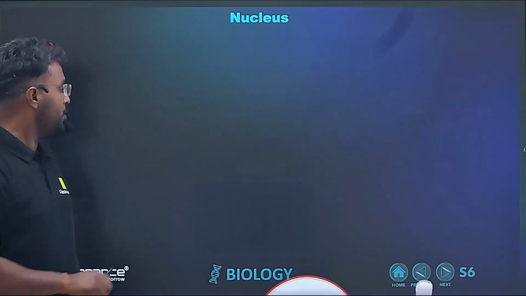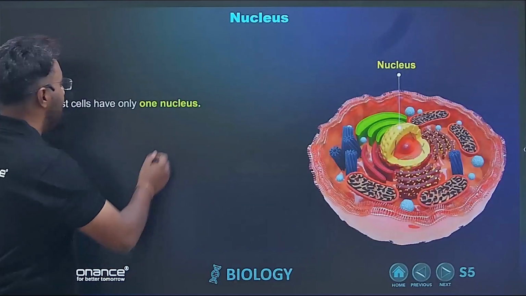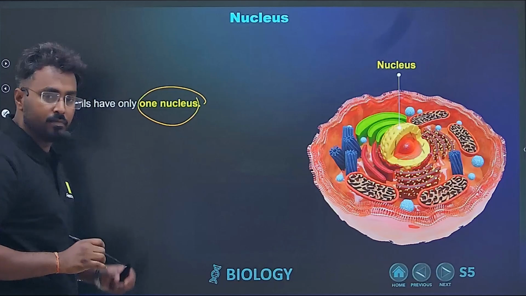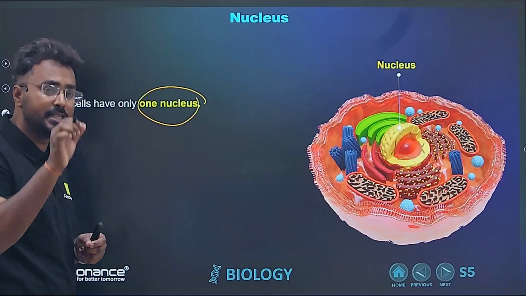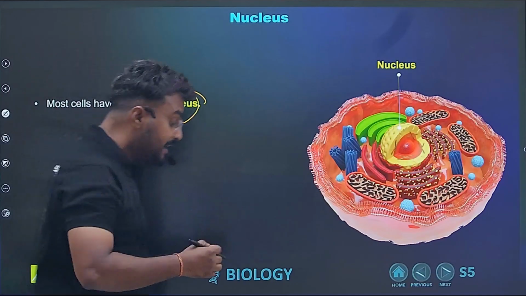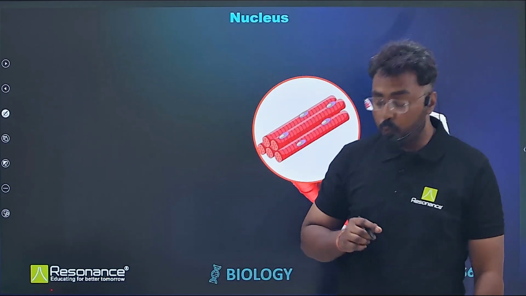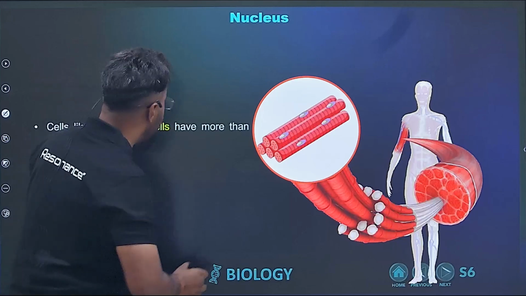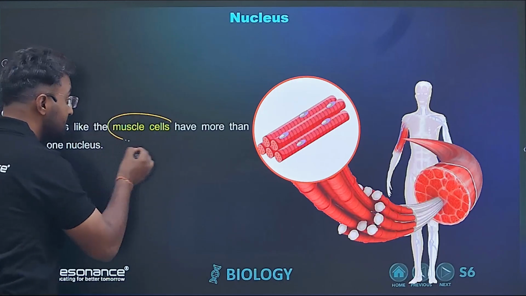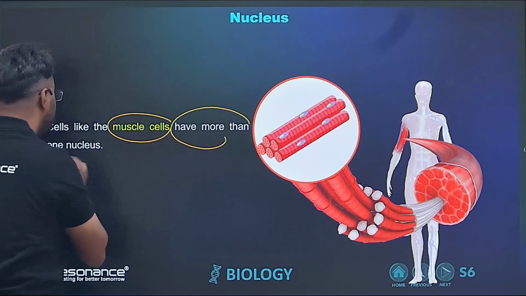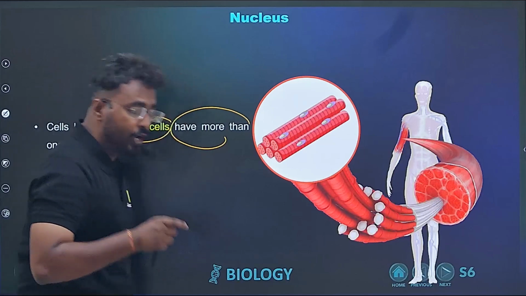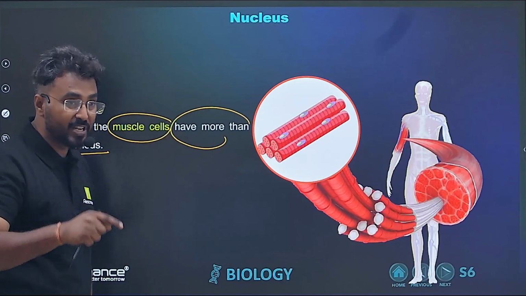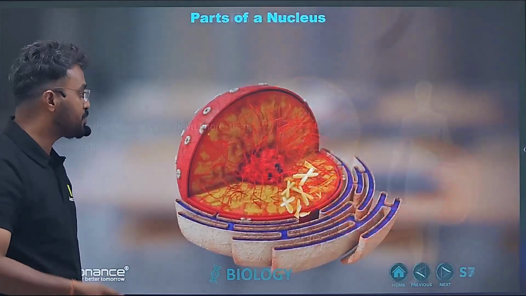Generally a cell contains one nucleus, but there are some tissues which can have more than one nucleus. As you can see, the muscle cells have more than one nucleus. So the nucleus can be one, or it can be present in multiple numbers in different types of cells.